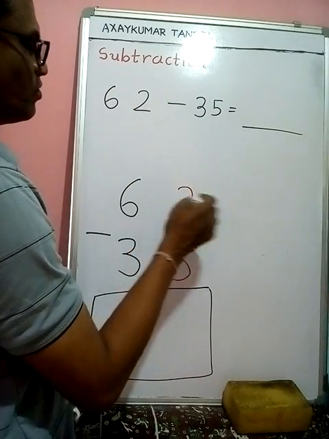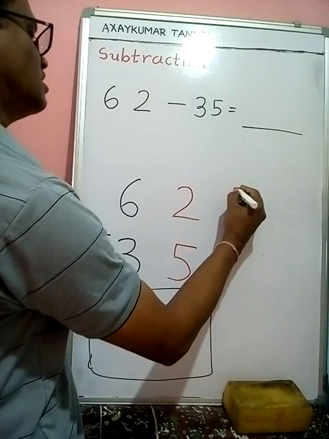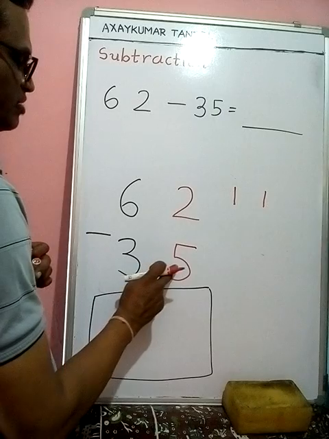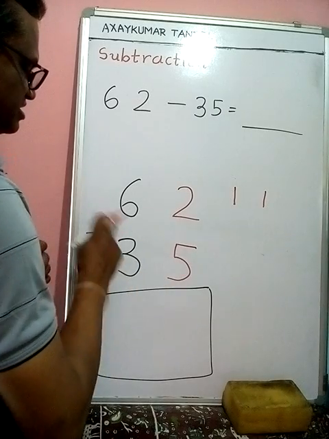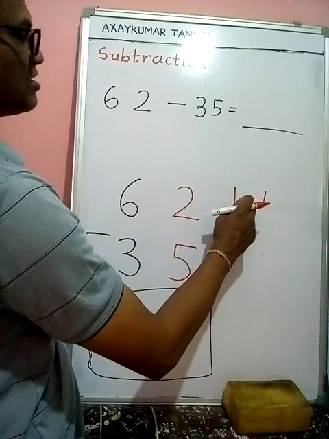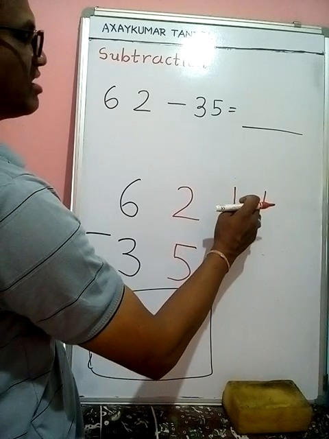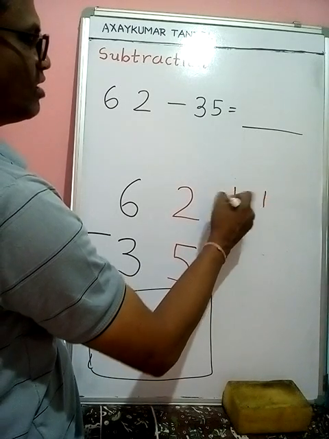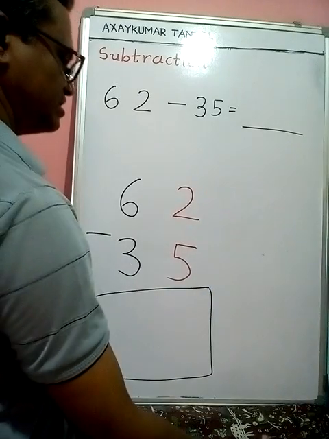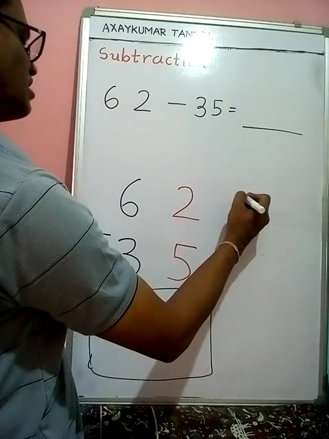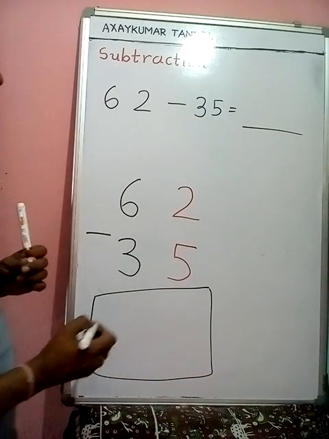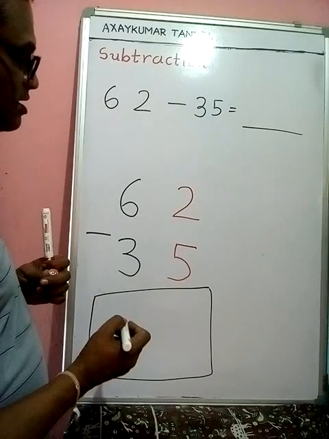Here is 2. We draw two lines: 1, 2. Minus how many? 5. Minus means cutting. How many cutting? 5. We cannot cut 5, right? Maximum we can cut 2: 1, 2. We cannot cut 5 lines. Therefore, in that position, what do we do?